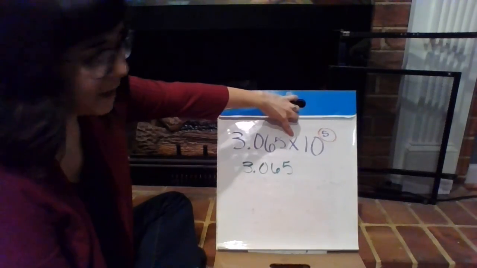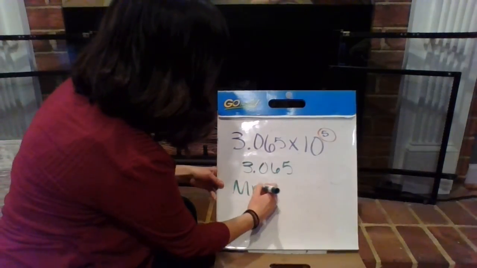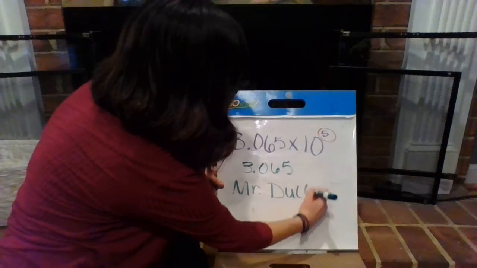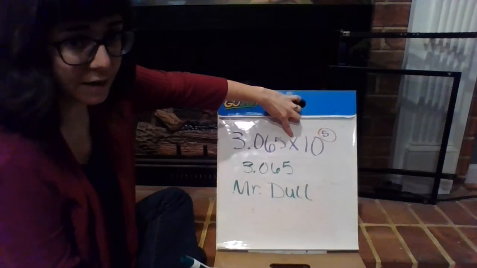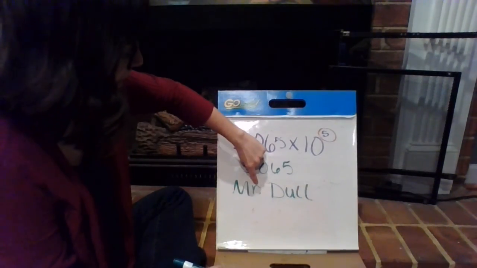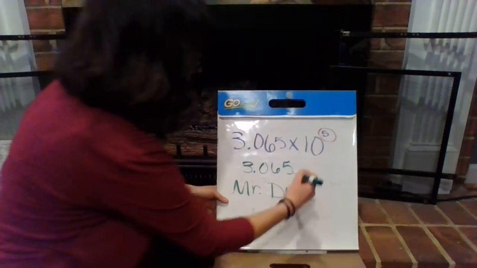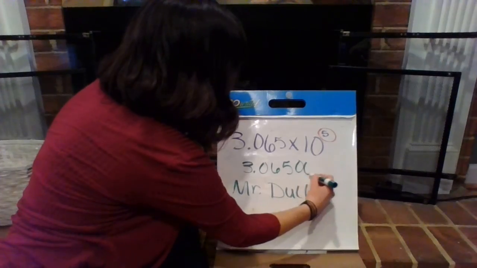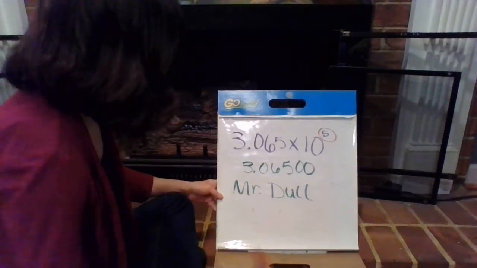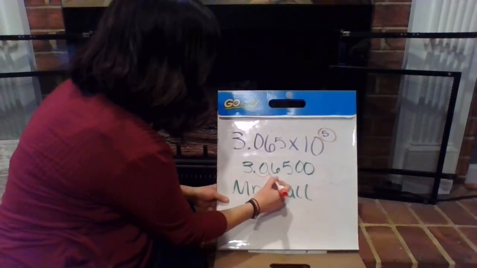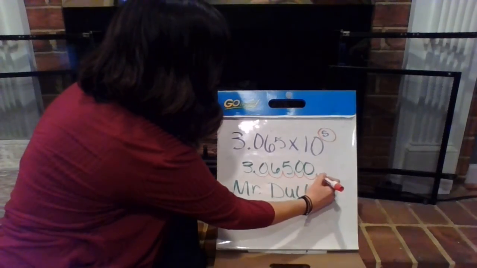Since I'm multiplying, if I think of Mr. Dowell, since I am multiplying, I'm going to move the decimal to the right 5 times, or 5 places. So I'm going to go ahead and add a few more zeros, and then I can move that decimal 1, 2, 3, 4, 5.